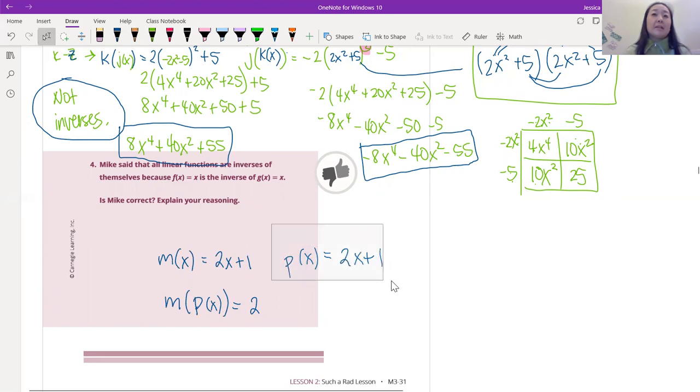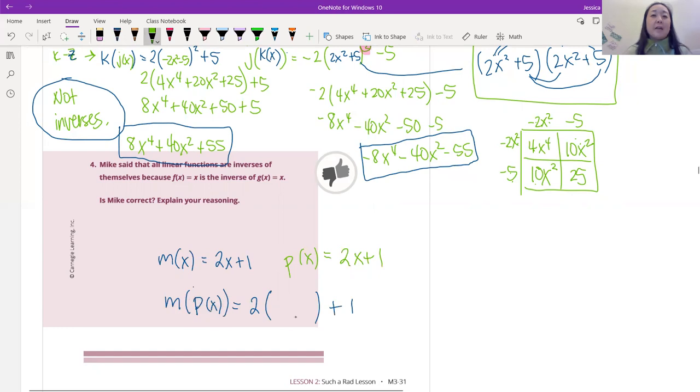I should probably change this to a different color. Let's change that to green. And this guy right here is also going to be green. Okay, so I've color coordinated now. So p of x, so 2 times whatever this x is plus 1.